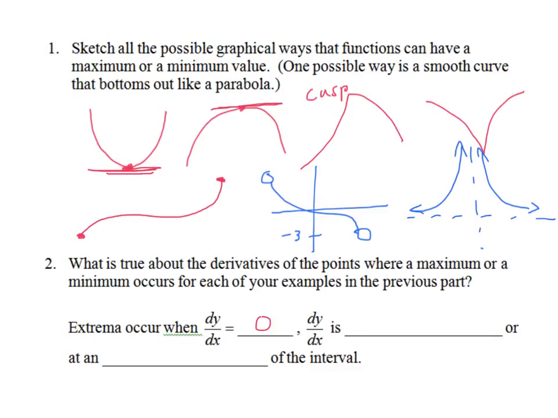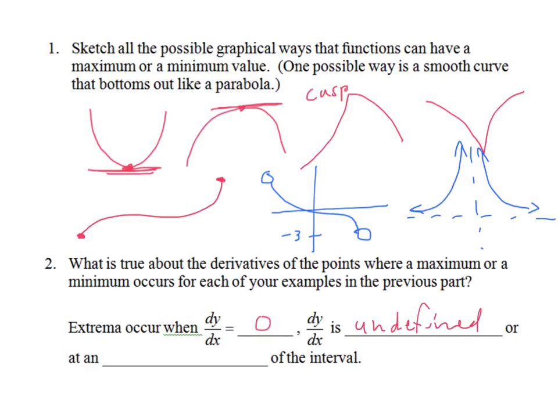Or let's see, what's happening at a cusp? We've talked about that, right? The limit of your derivative from the left side of the curve is not matching the limit of the derivative from the right side. So when we have a cusp, and I even tested you on this on Chapter 2's test, we have no derivative, right? So the derivative is undefined. Okay, so let's fill that in.